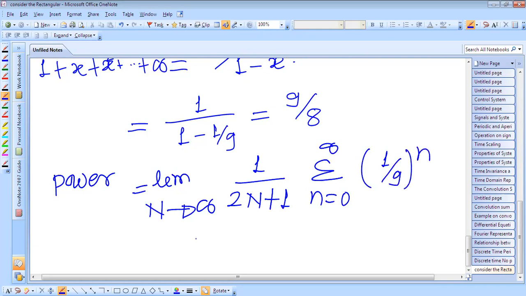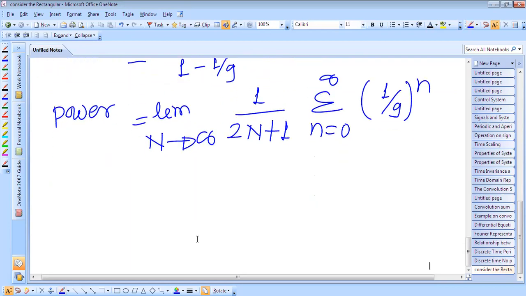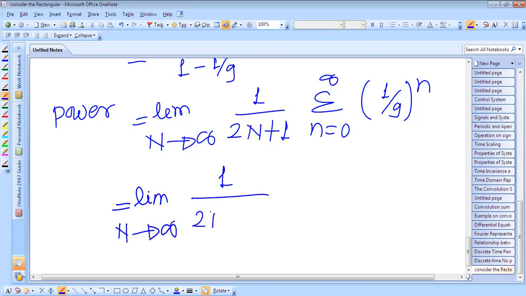Okay, so here the limit N tends to infinity, and this is 1 over 2N plus 1, and this is a standard formula. That means this value is less than 1.